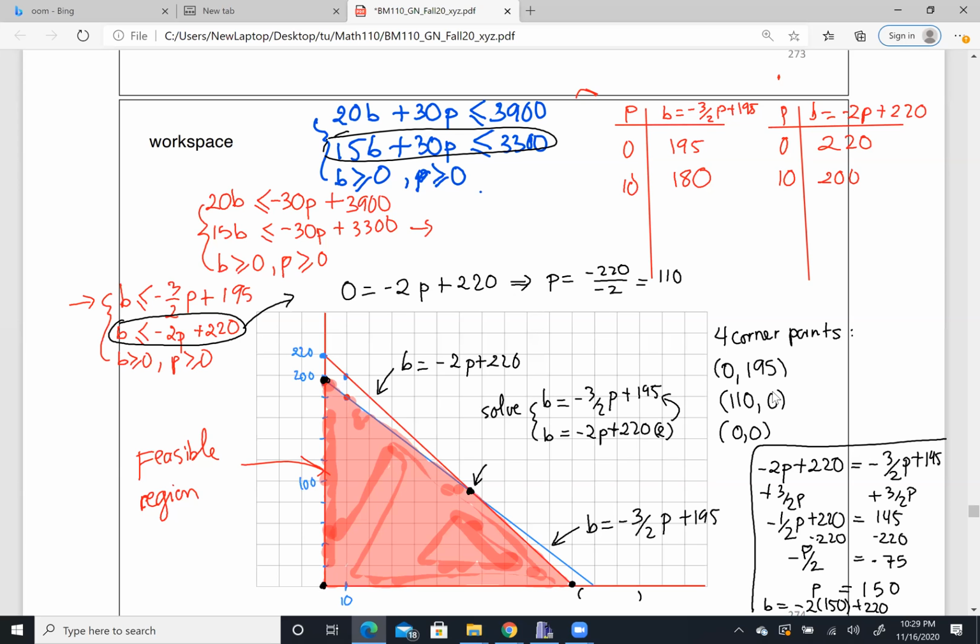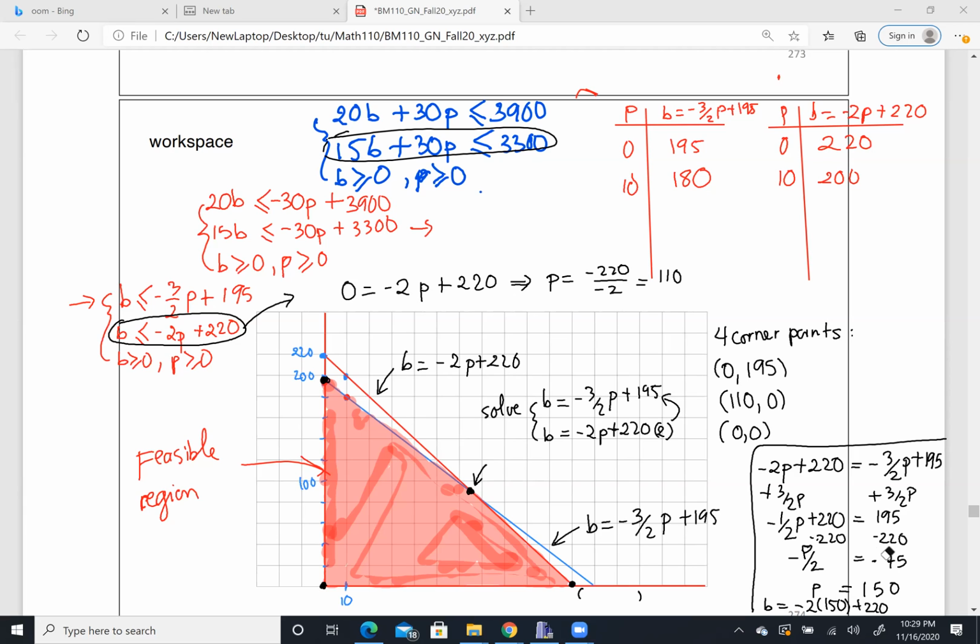Yes, something was wrong here. I actually noted that it should be 195 here, but I wrote it down wrong as 145. So 195, and then 195 here minus 220.